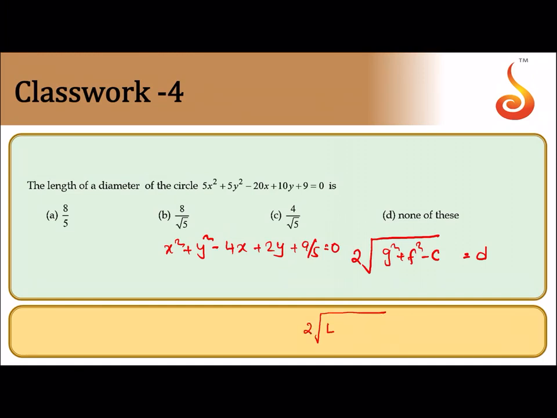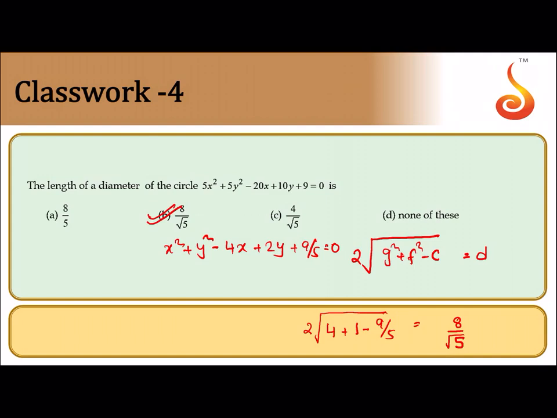So applying the formula, we get 2 times, this will give you 4, this will give you 1, minus 9 by 5, which gives 8 by root 5. 8 by root 5, option B.